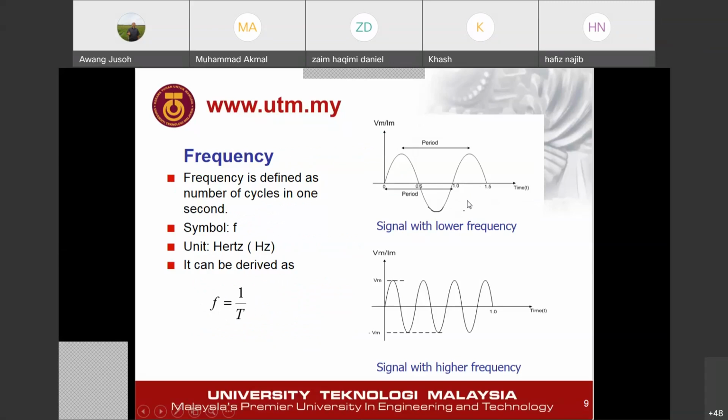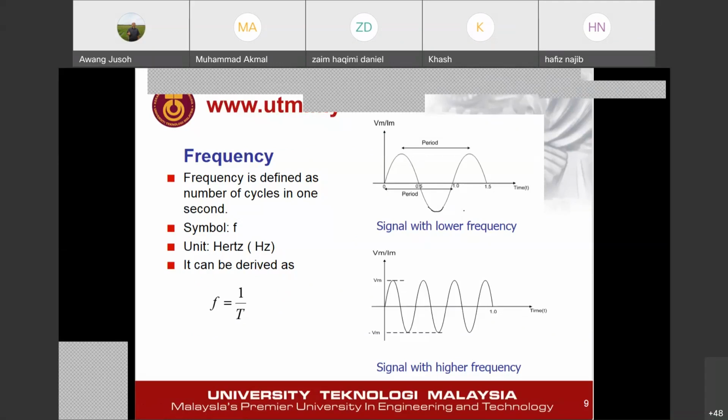So how much is the frequency in our electrical system? Any idea? If you get supply from TNB, how much is the frequency? The standard is 50 hertz. So in Malaysia, we use 50 hertz. You go anywhere, Johor, Kedah, Kuala Lumpur, Sabah, Sarawak, we use 50 hertz.